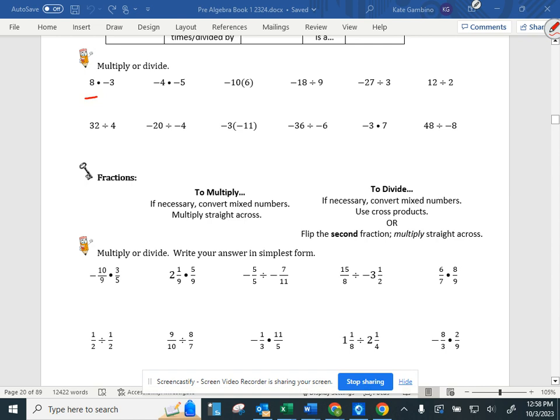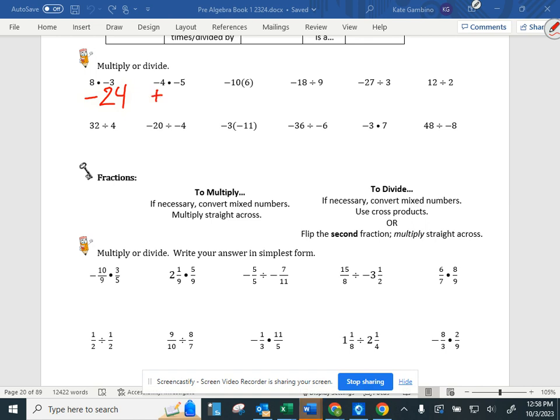8 times 3 is 24. So I look at my next one. I have a negative and a negative. What will my answer be? Grayson? If I have a negative and a negative, what is the answer going to be? Positive. So I know it's going to be positive.